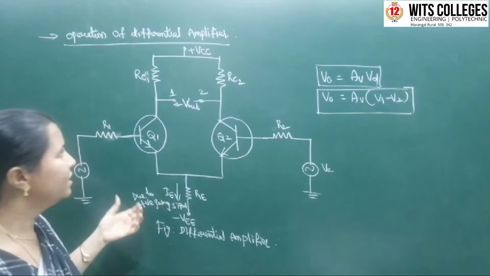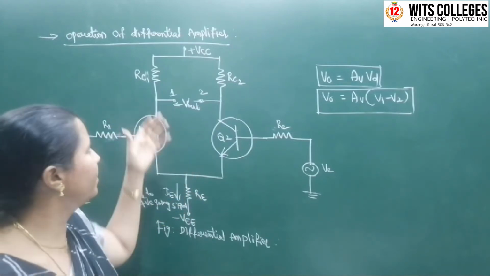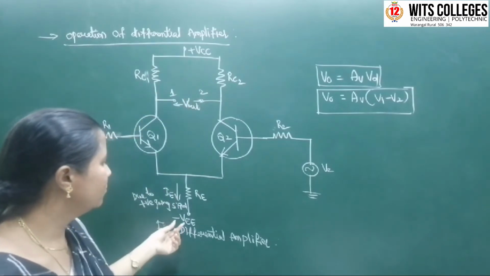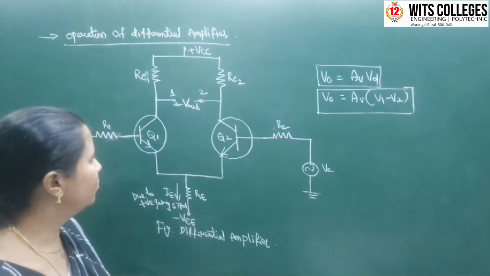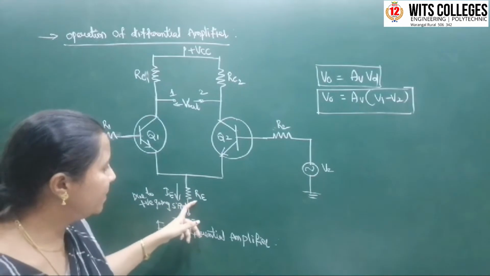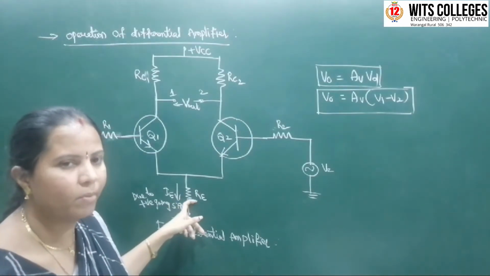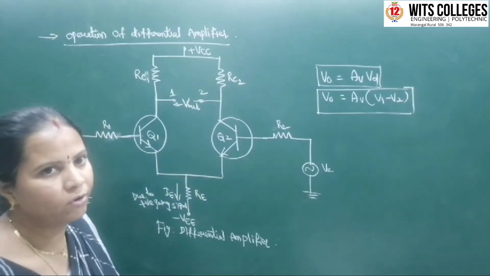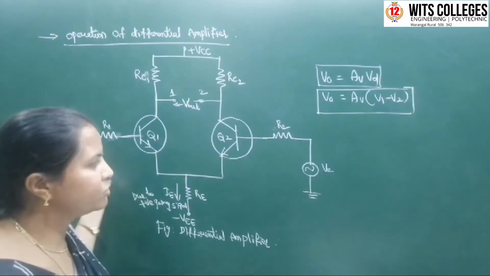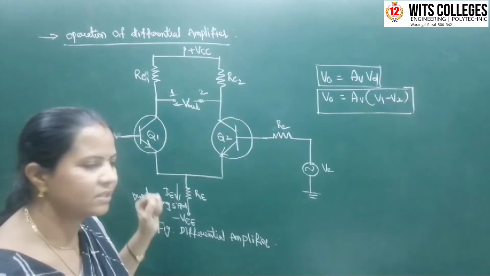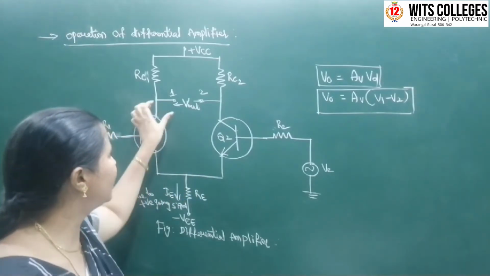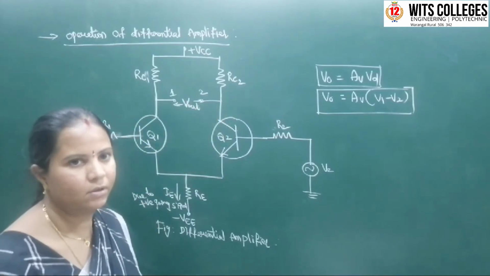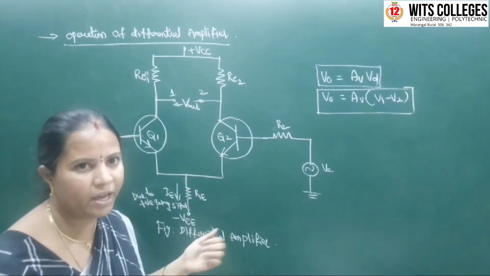The two transistors share the common power supplies, the positive supply VCC and the negative supply VE, and a common emitter resistor RE for both transistors Q1 and Q2. We are giving the inputs V1 and V2 at the bases of the two transistors and we collect the output voltage at the collectors of the two transistors. So this is the construction of the circuit diagram.